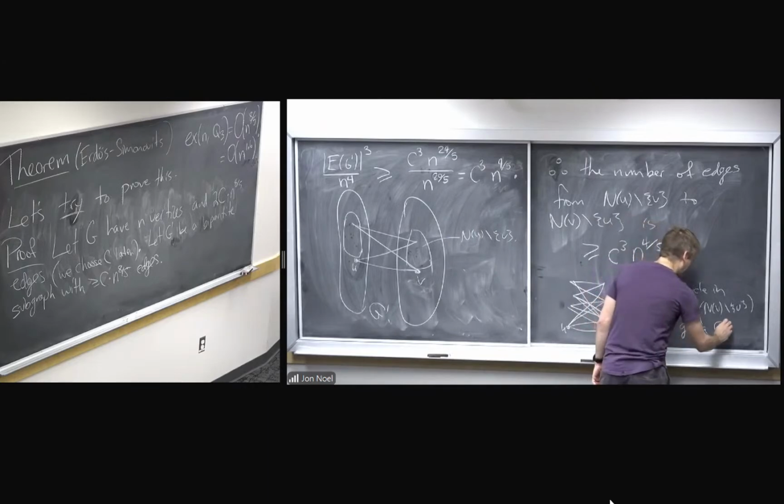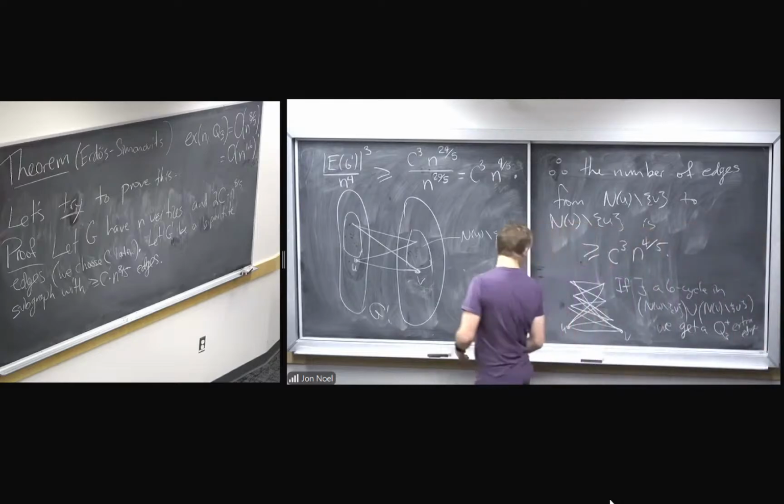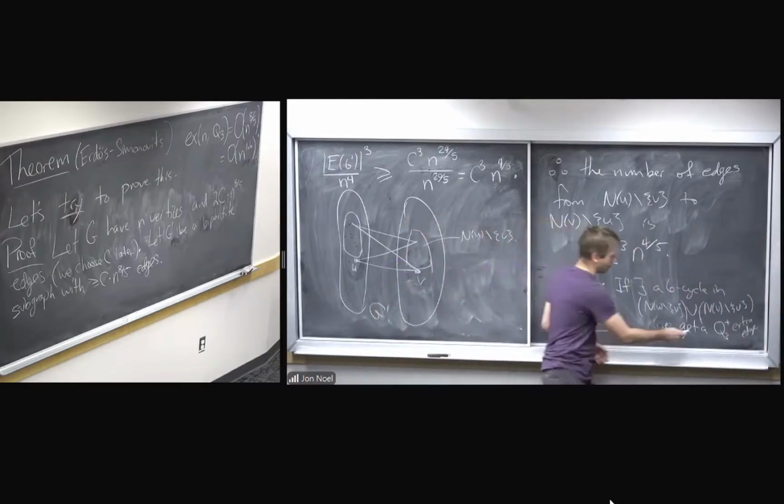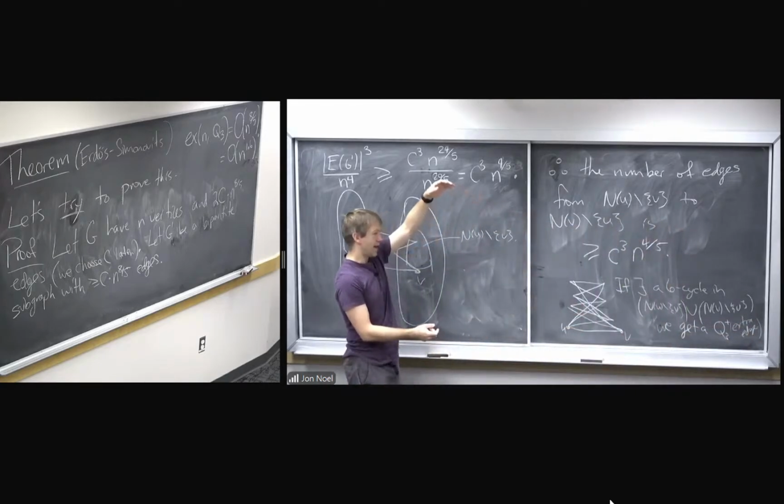So maybe I'll call this Q3 plus. This is like a three-dimensional cube with an extra edge that keeps it bipartite. So it's like take a cube and add an edge from 1, 1, 1 to 0, 0, 0 or something.